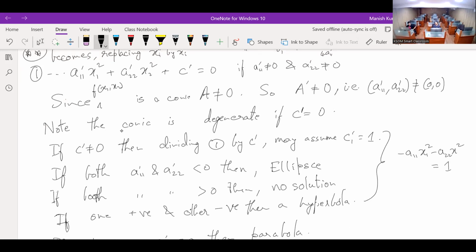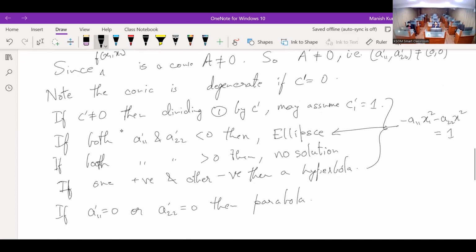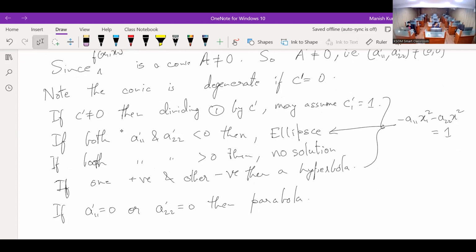So these two are positive, so this defines an ellipse. Okay. If both A11 and A22 are positive, then of course the left hand side of this equation is always positive, and you get the empty set, no matter what x1, x2 you put. Is that okay? Yes. And if one is positive and the other is negative, then you get a hyperbola. That also is clear, right?